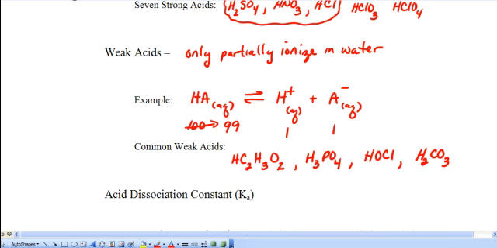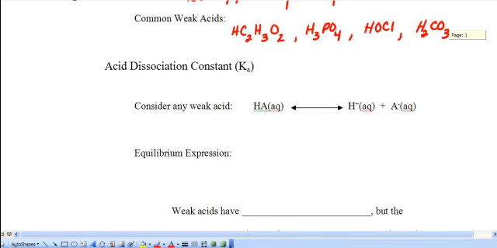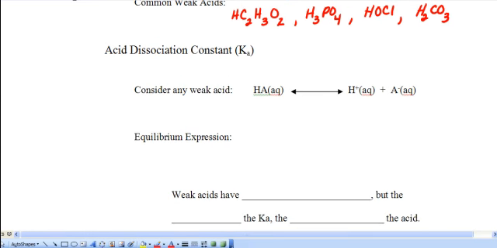Now, because this is in equilibrium, we can write out an equilibrium expression. So again, here's our equilibrium expression, same as above. If you wrote that out, you would say that K equals the hydrogen concentration times the anion concentration divided by the acid concentration, HA.